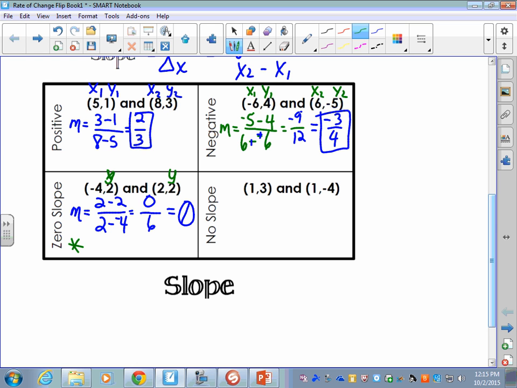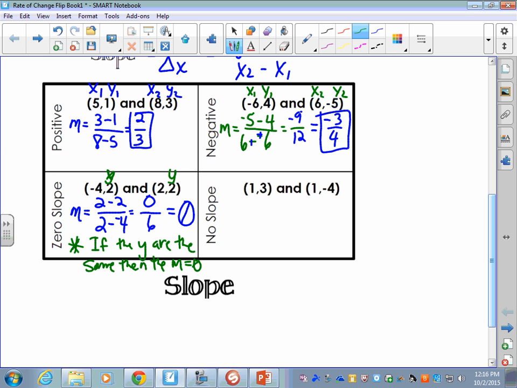So a little side note to help you: if the y's are the same, then the slope is 0. I'm just saying m equals 0. So anytime you see the same y, you're going to have a 0 slope.